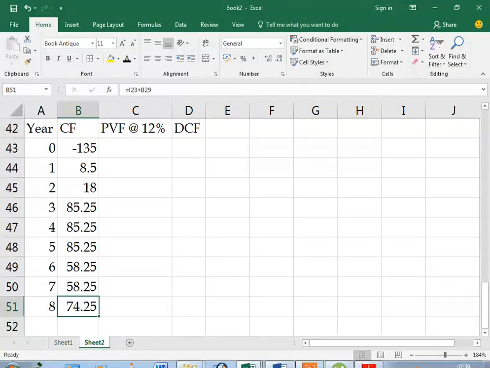In the eighth year, be careful, it has to be step 2 plus step 3. The last year's figure will come from step 2 as well as step 3.